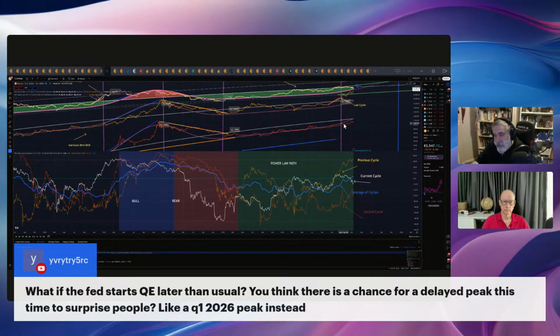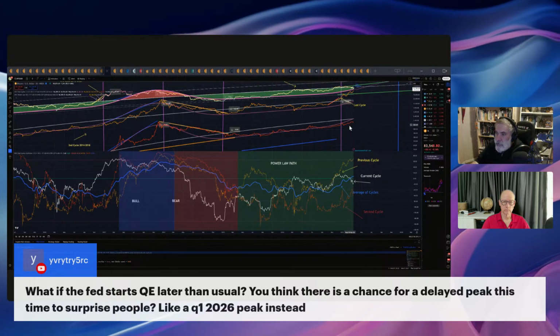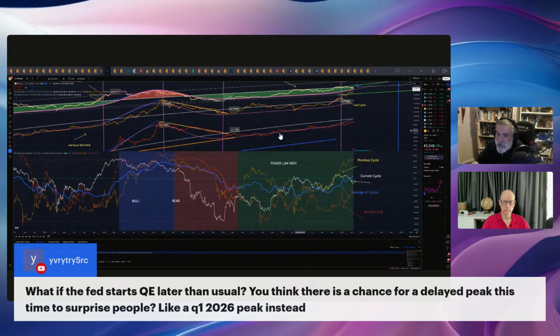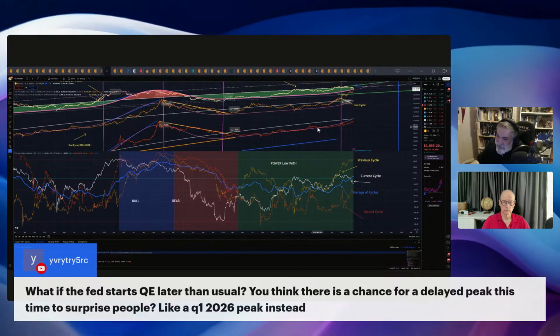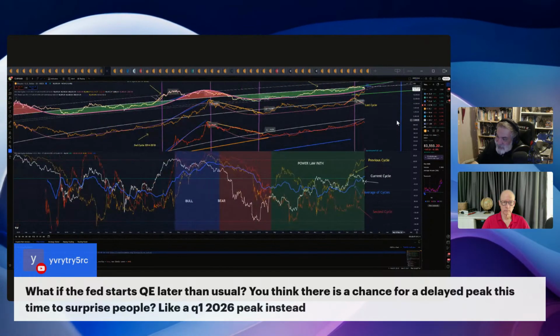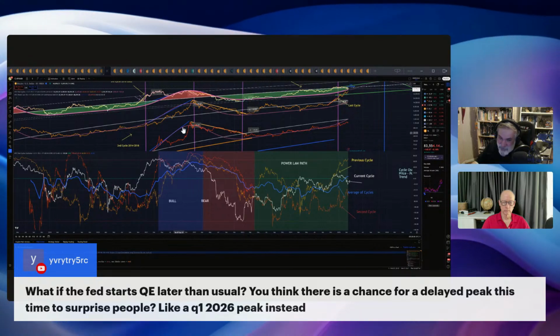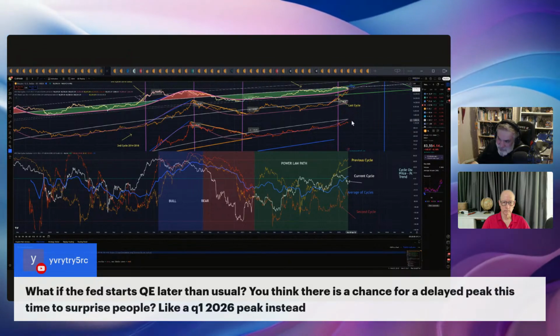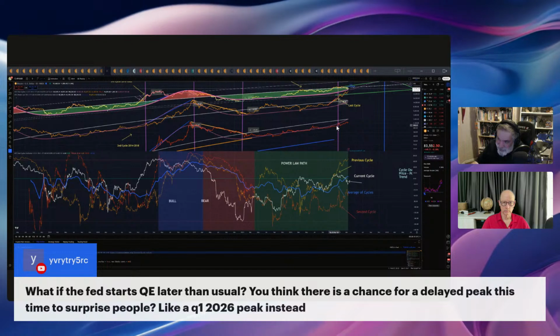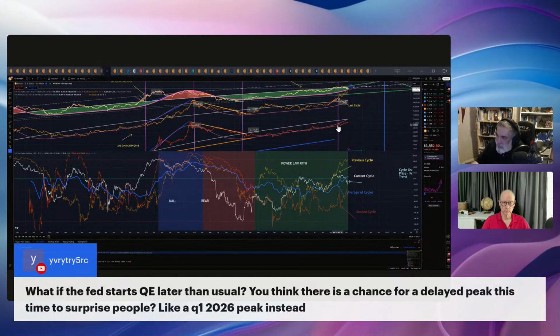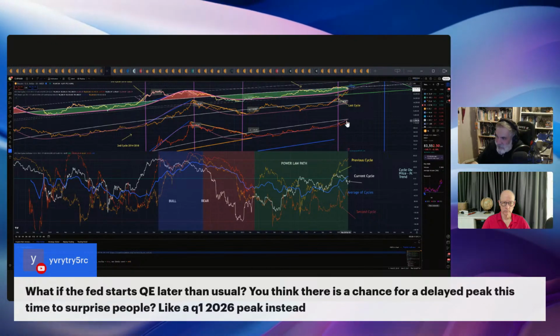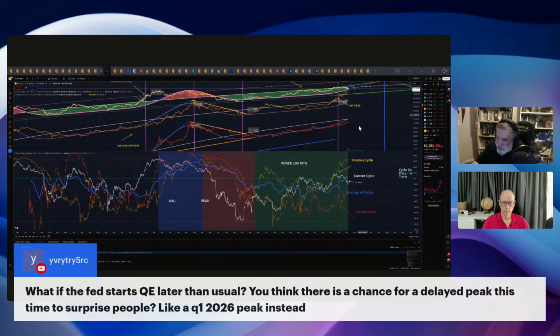And if you go to the previous one, this is almost like a textbook example of what the theory says Bitcoin should behave like, right? This 1 year up, 1 year down, and then 2 years along the support line. And then as the bull market starts, we leave the power law and we go towards the top, right?